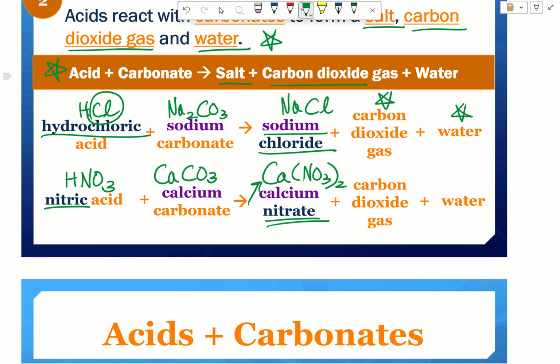Because we are using nitric acid and it has this group called the NO3 minus. This is what we call the nitrate group, just like this is the chloride. This is the ion. So we will take the name of the metal and combine it with the nitrate to form calcium nitrate. Then there will always be carbon dioxide gas and water.